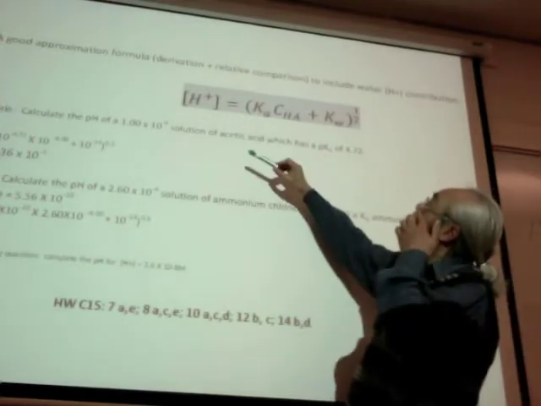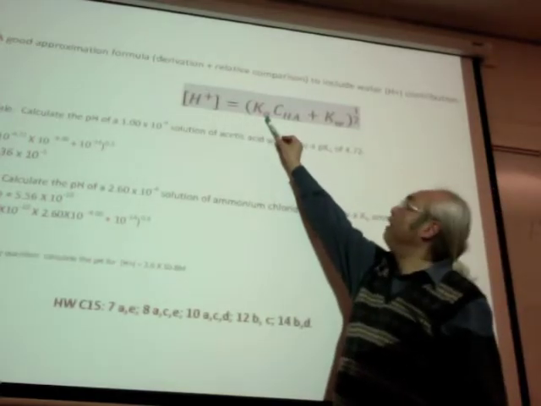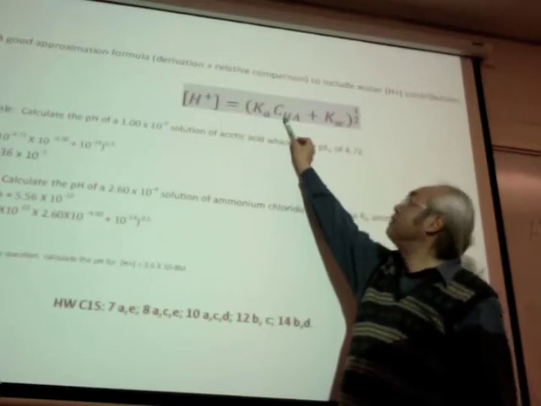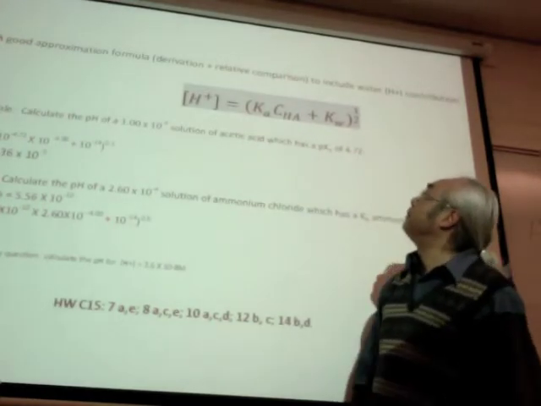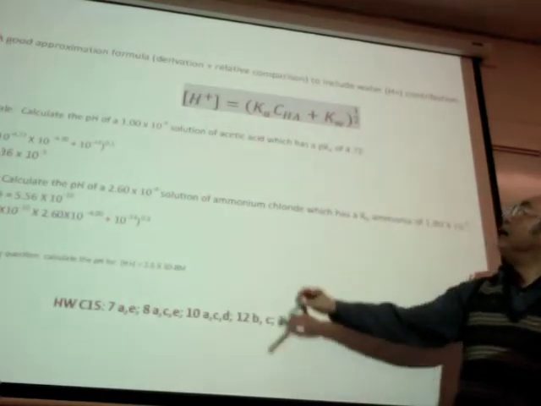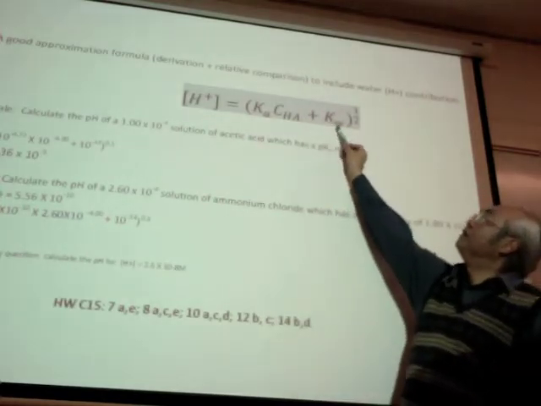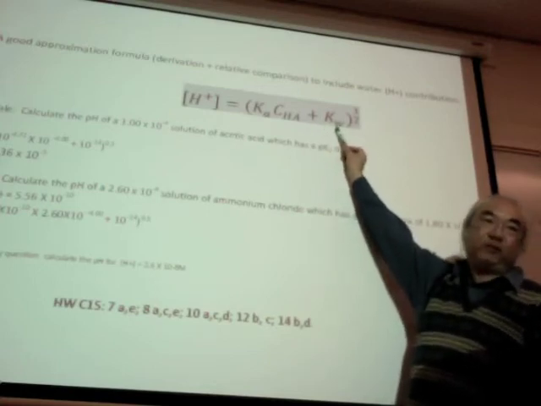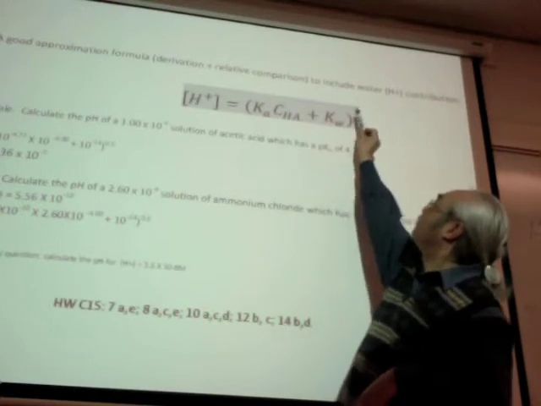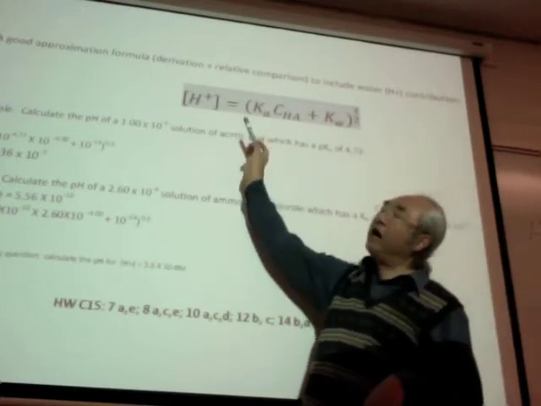Here, indicate your weak acid Ka. Then whatever concentration you prepare for the weak acid, multiply the two. Then what about the contribution from water? You plus the contribution from water, Kw.